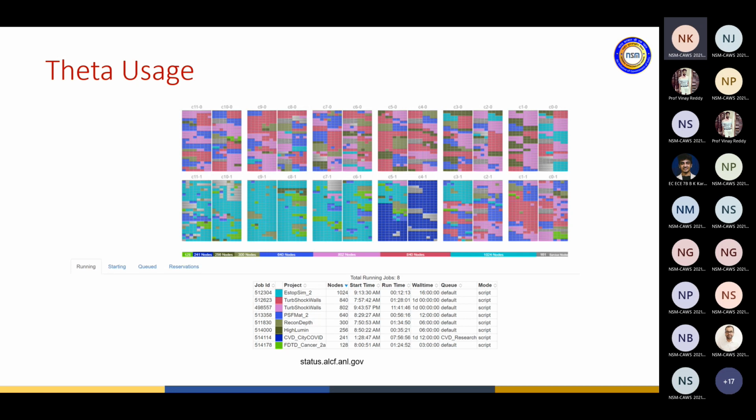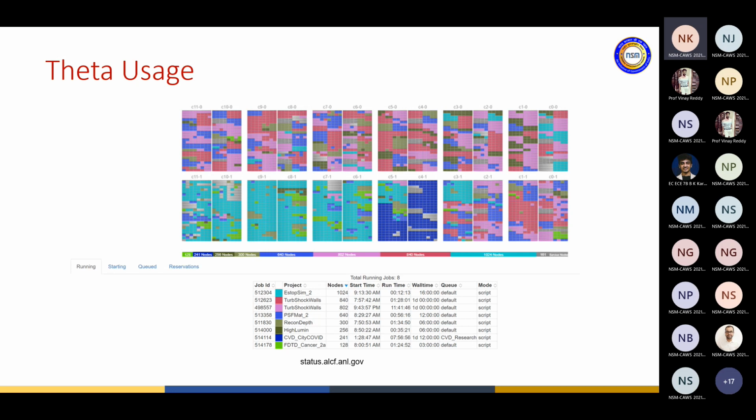There is some project associated, how many nodes it's running on, when it started, and what runtime it asked for, which is the wall time, and how much it has run, which is the runtime, and what queue it is using. Oftentimes there are different queues being used, like you have heard about priority queuing, and similarly there may be different queues used for a system.